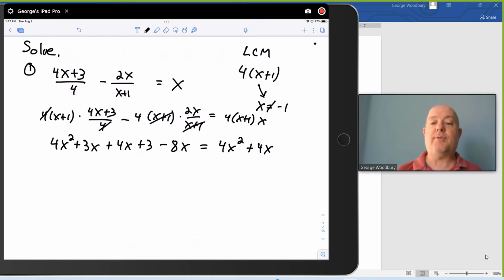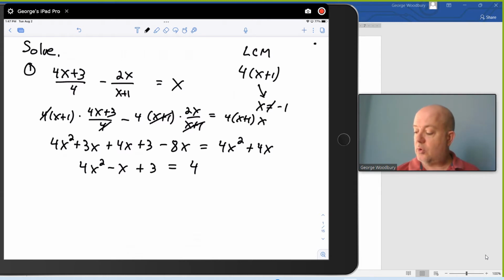Anyway, we should simplify both sides first. The left side becomes 4x squared minus x, because 3x plus 4x is 7x, but then minus 8x is minus 1x, plus the constant term of 3 equals 4x squared plus 4x.